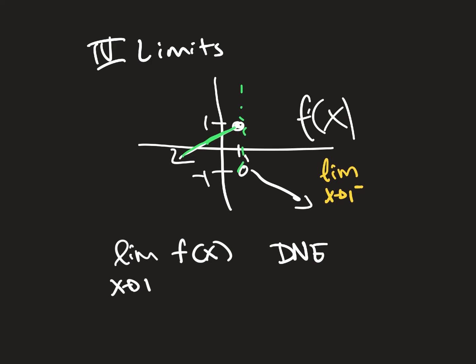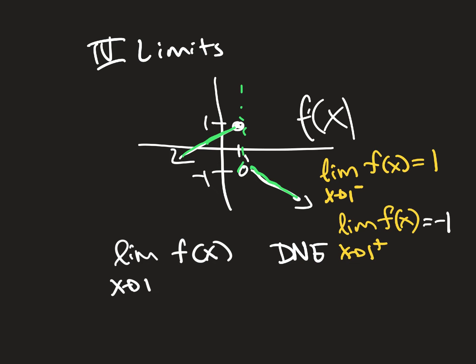So in this case, the limit as x goes to 1 from the left is going to be 1. Whereas the limit as x goes to 1 from the right, where I use that little plus symbol, so again, I go to the right of 1, this is x being 1, and if I'm going towards 1, the y value is getting closer and closer to negative 1.